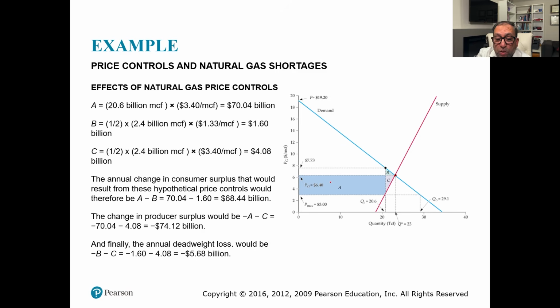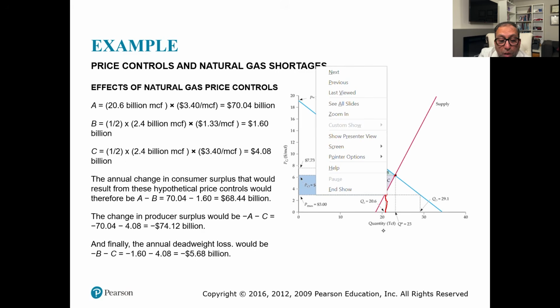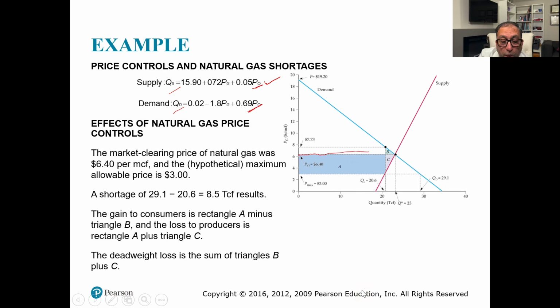When we plug in $3, this much is the quantity supplied, 20.6, and this much is the quantity demanded, 29.1.